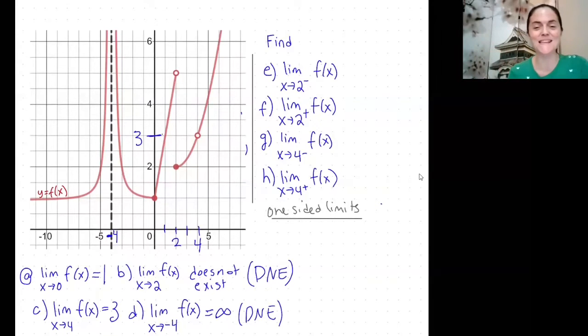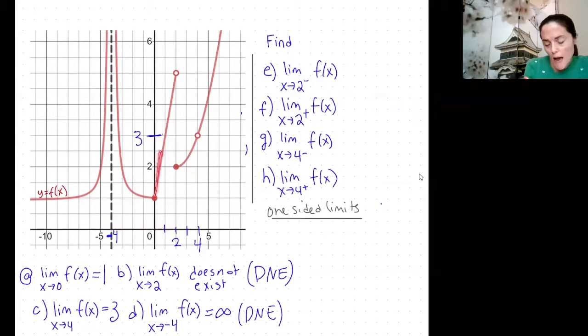I don't know if you're seeing me or my mirror, so maybe I will just point to the picture. Here, with a minus, this is saying you are approaching 2 from the left, and with a plus, it's saying you're approaching 2 from the right. So in our picture, you only use values here in E, the limit as x approaches 2 on the left, you only use values less than 2 here.